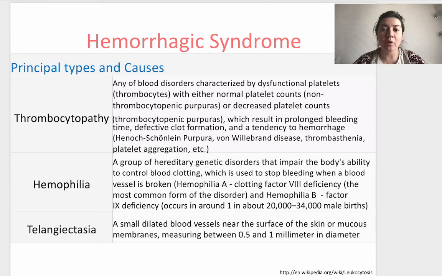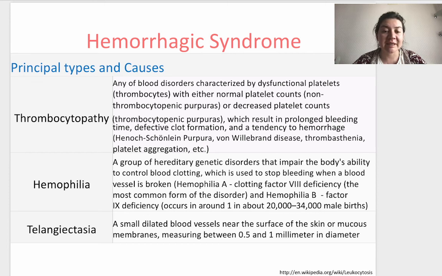Next big group of hemorrhages is hemophilia. It is a group of hereditary genetic disorders that impair the body's ability to control blood clotting, which is used to stop bleeding when a blood vessel is broken.